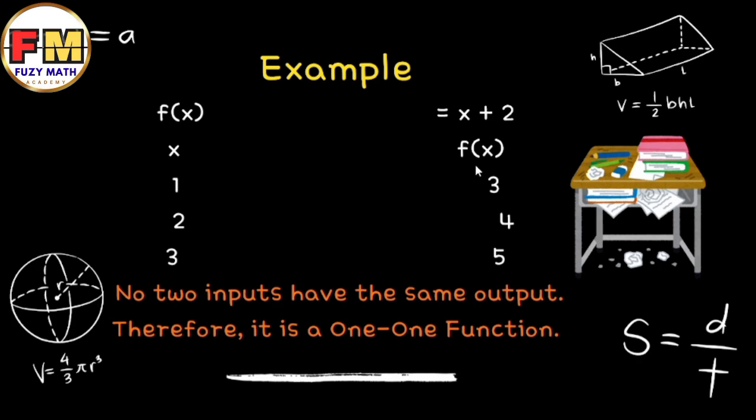The value of f(x) will be 4. Take the value of x as 3. The value of f(x), that is x plus 2, will be 5. No two inputs have the same output. Therefore, it is a one-one function.